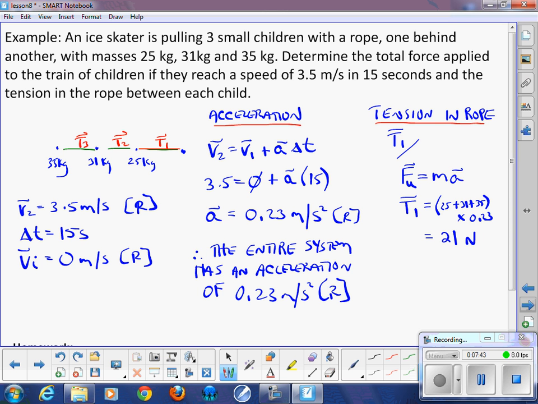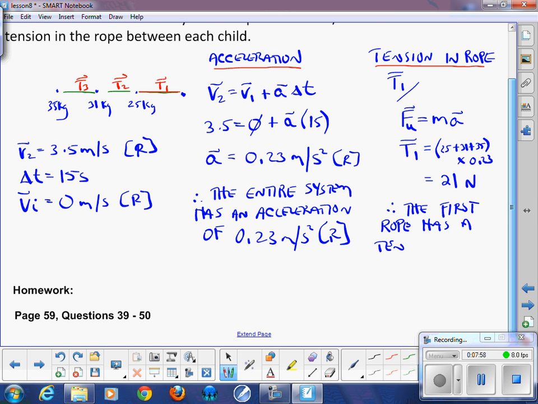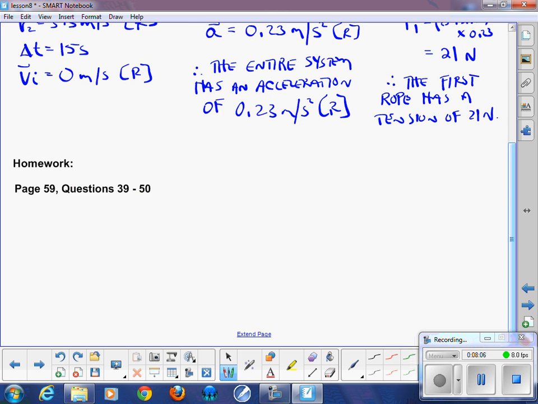So there is the tension in rope 1: the first rope has a tension of 21 newtons.